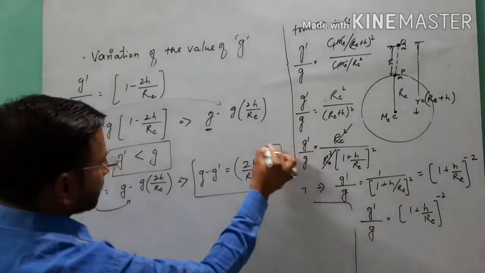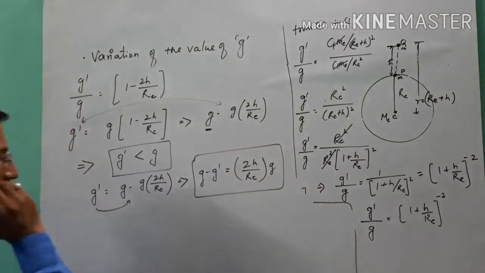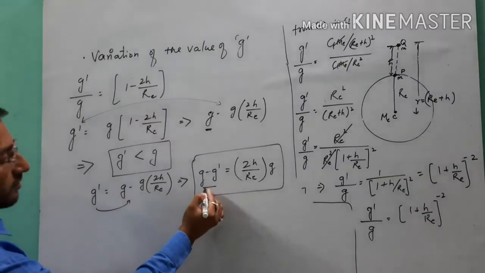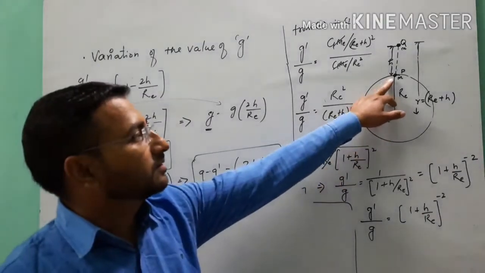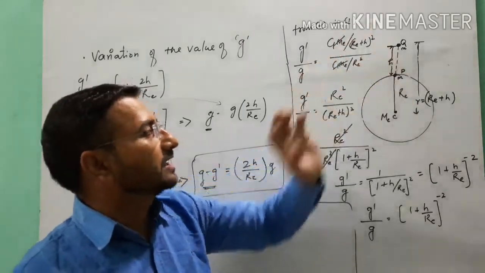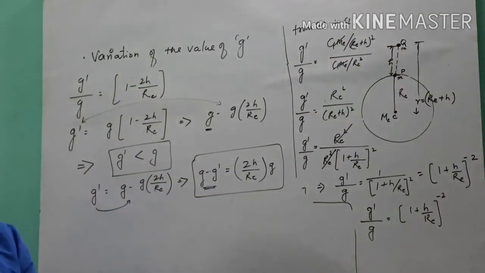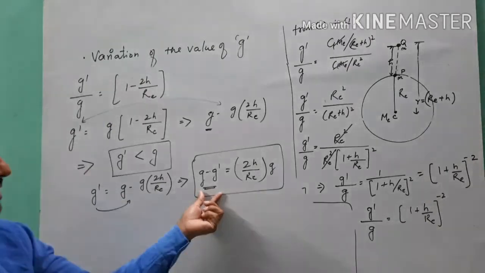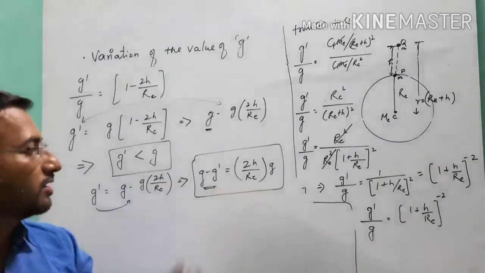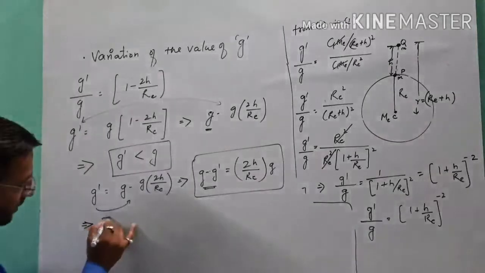This is the difference, or you can write 2hg by Re. This is the difference when we go from the surface of Earth to a certain height above the surface of Earth. What will be the difference in the value of g? It will be 2hg upon Re. Point clear?